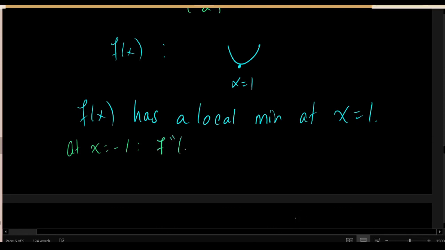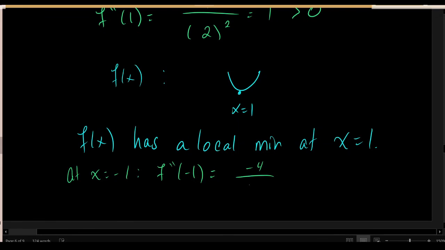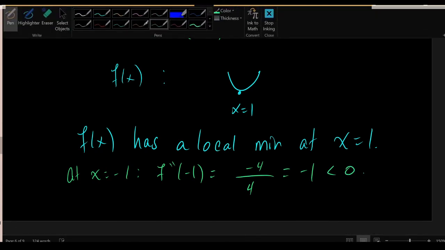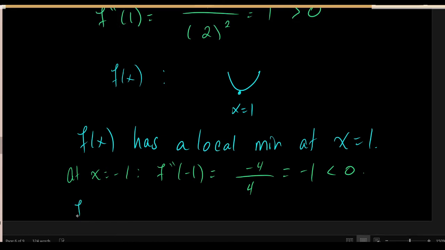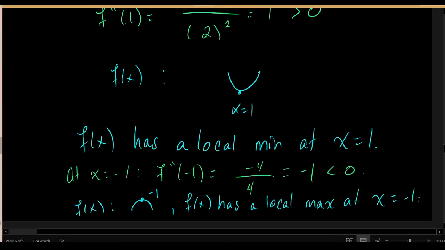In this case, f double prime of minus 1 is equal to 4 times minus 1 in the numerator, minus 1 squared plus 1, quantity squared in the denominator, resulting in negative 1. So in this case, the original function is concave down at x equals negative 1, and we would say that f of x has a local max at x equals negative 1.